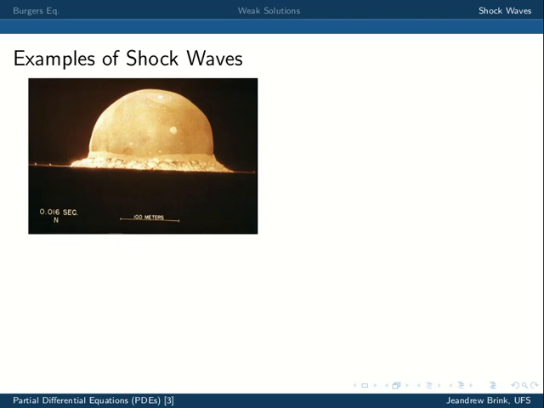And if you have a spherical shock like that, it started at a point, so you can work out the total amount of energy needed to blow it apart from the speed of the shock.